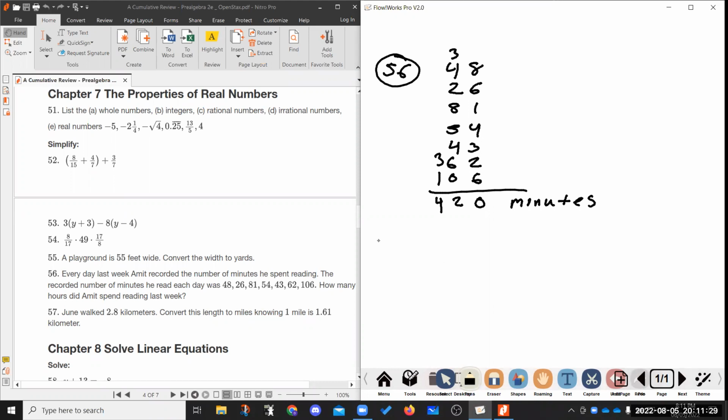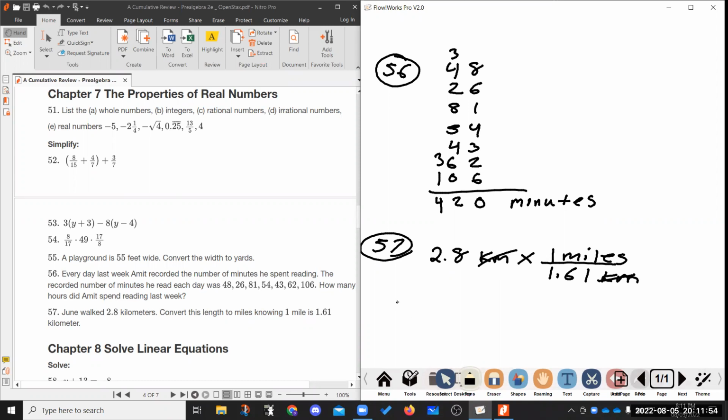Last problem is going to be a calculator problem. June walked 2.8 kilometers. They're going to give us a conversion factor to ask us to convert kilometers to miles. They tell us that there's 1.61 kilometers per mile.